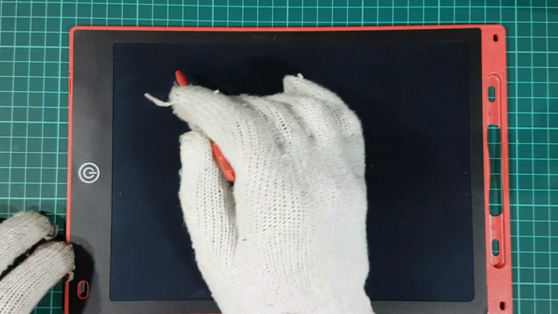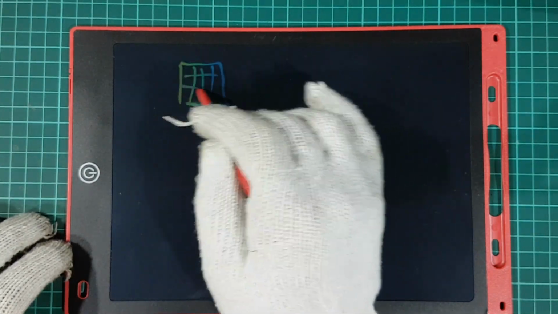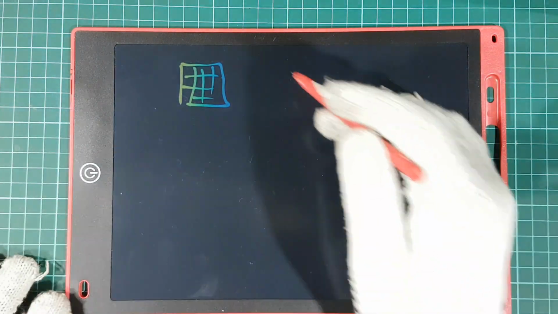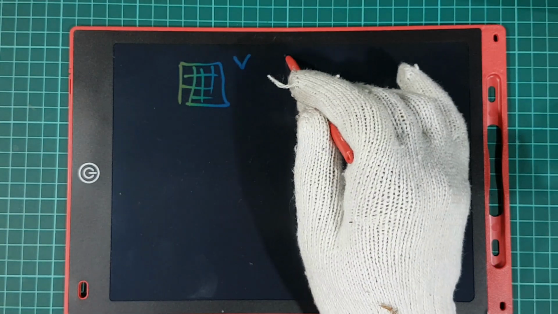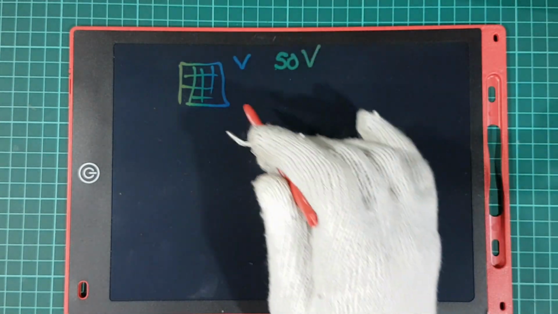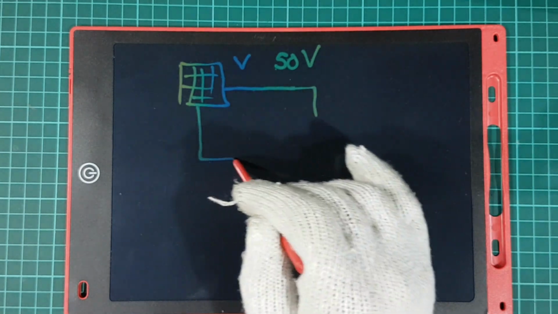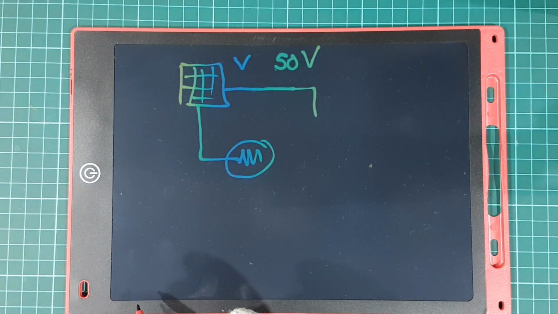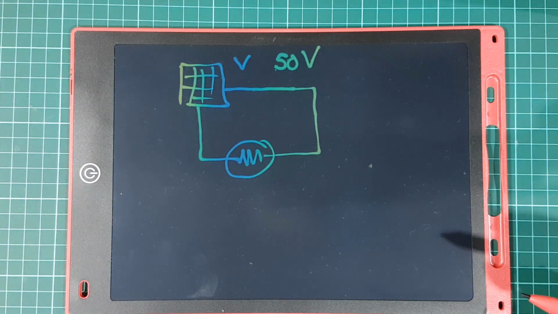So in our case, we've got our solar panel, which will be delivering a certain amount of potential or voltage that we will be using. In my case, my panels are 50 volts each. This will then be connected to our geyser, which is literally just a resistor at the end of the day.